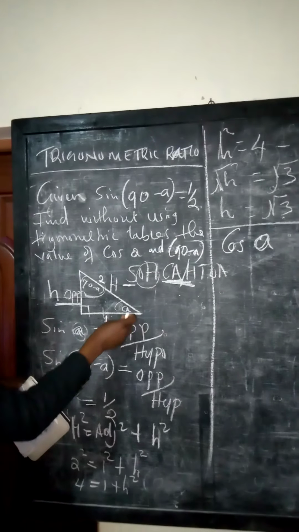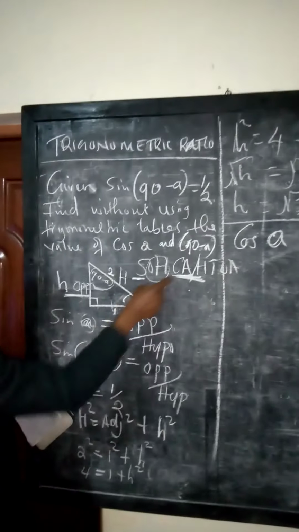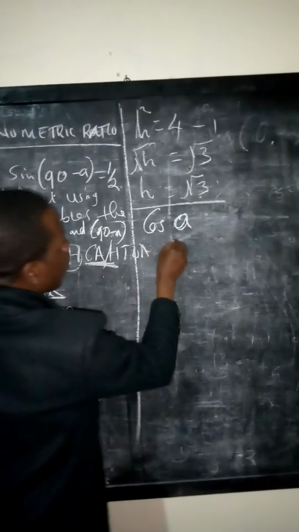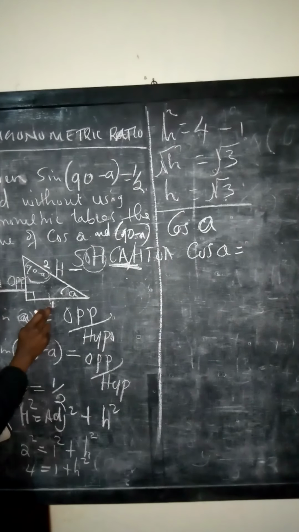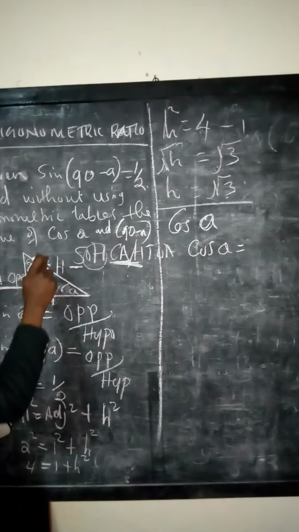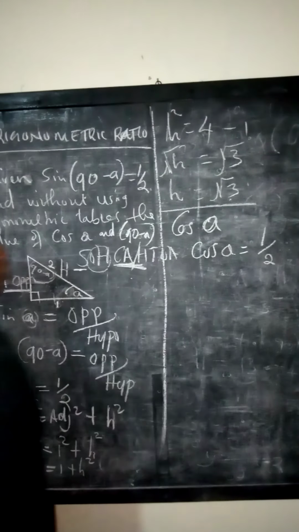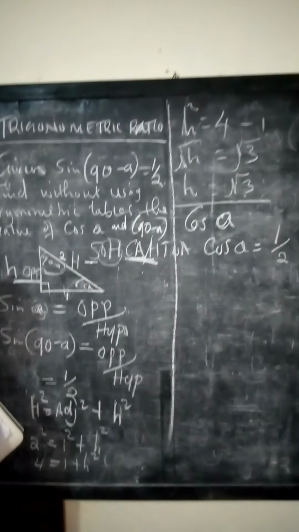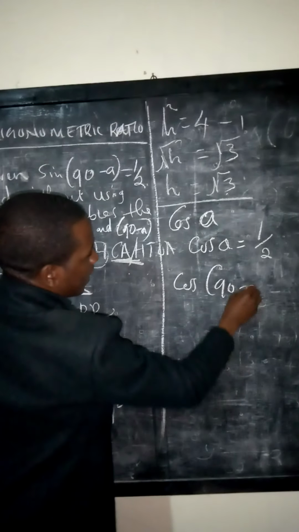Now, cos A will be equal to adjacent, which is 1, over hypotenuse, which is 2, so 1 over 2. Then what is cos(90 minus A)?